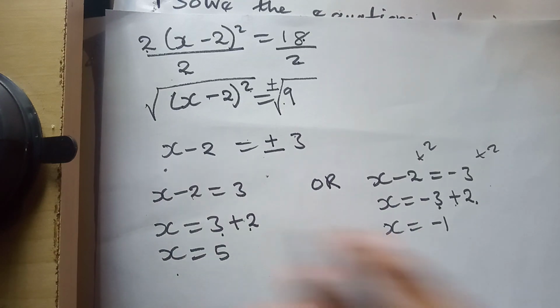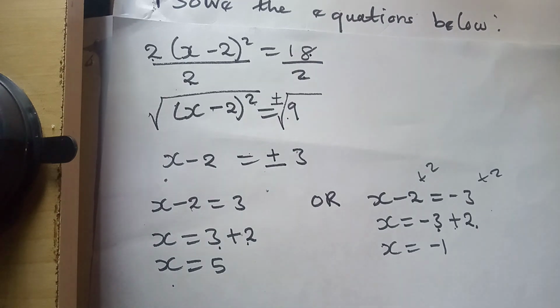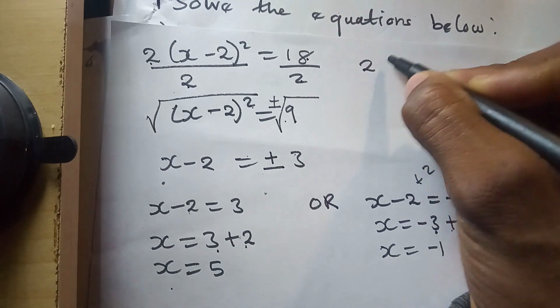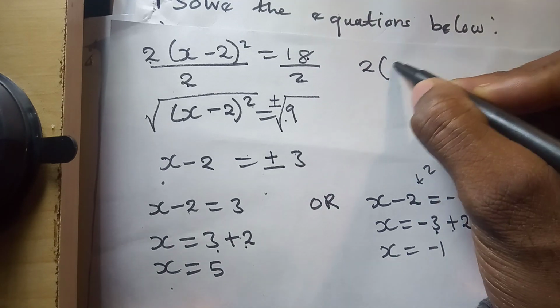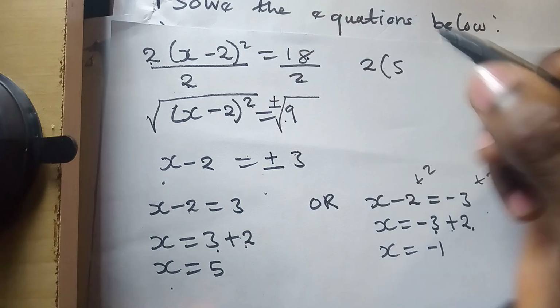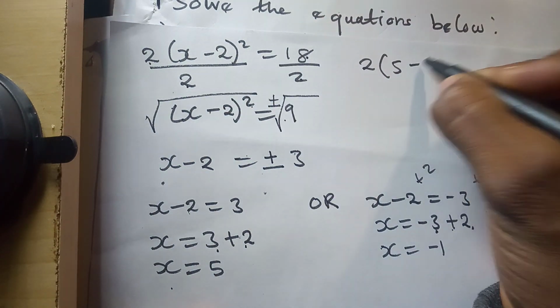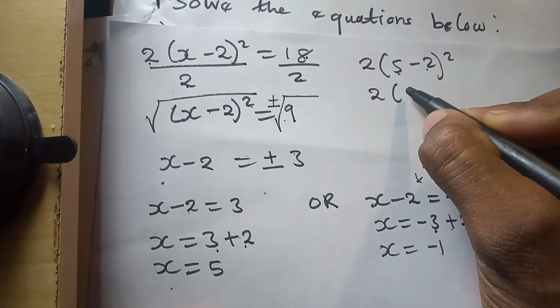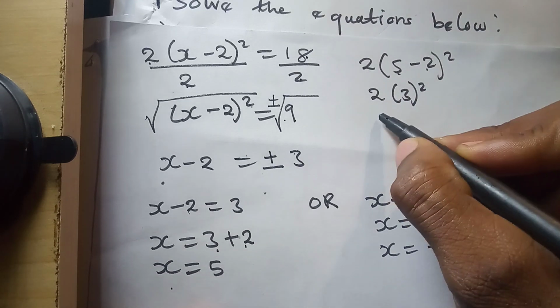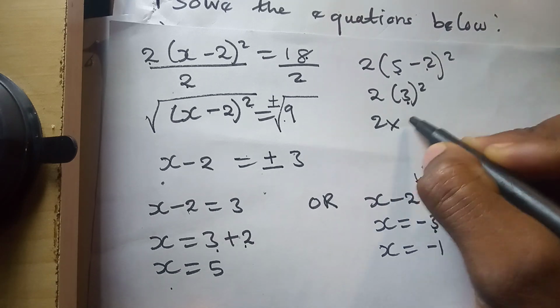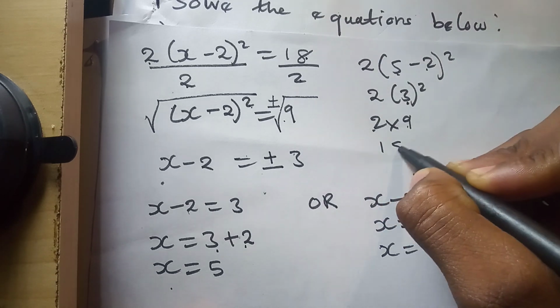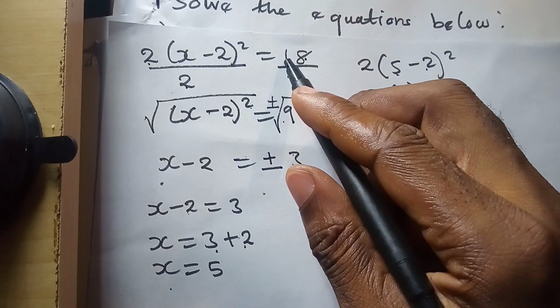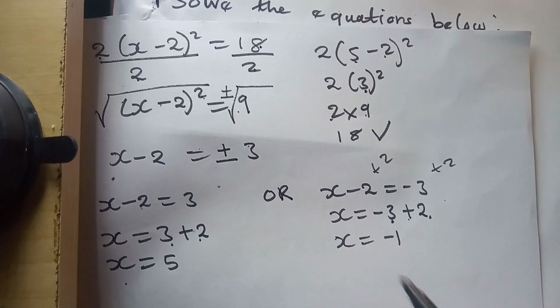You can even try to verify these answers and you will realize that they are both correct. So you have 5, I'm just substituting the 5 there, minus 2 squared. So this would be 5 minus 2 is 3, then squared. Then 3 squared is 9, then 9 times 2 you have 18, which satisfies the original equation.